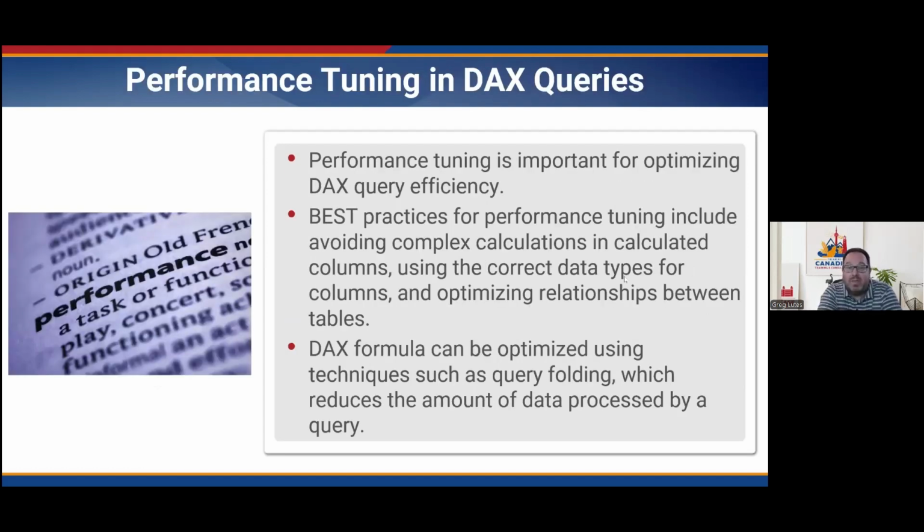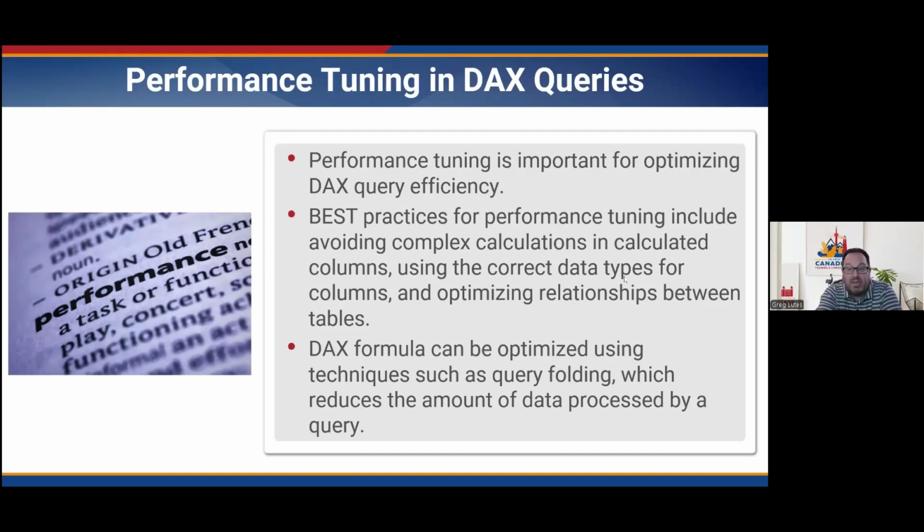Performance tuning is also something else that's quite important. It's actually a very important aspect of creating fast and efficient DAX queries in Power BI Desktop. Some of the best practices for performance include avoiding complex calculations in calculated columns. Using correct data types for columns is extremely important, and just not leaving everything as general.